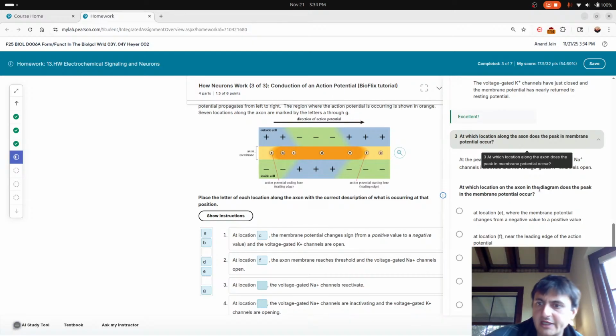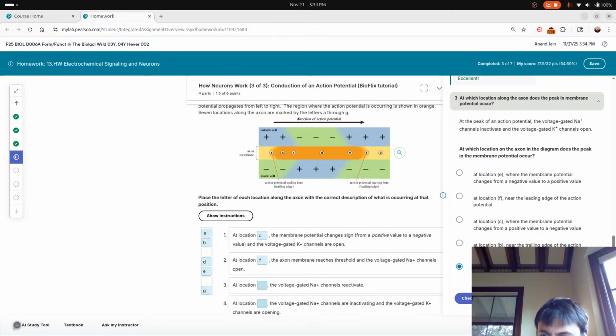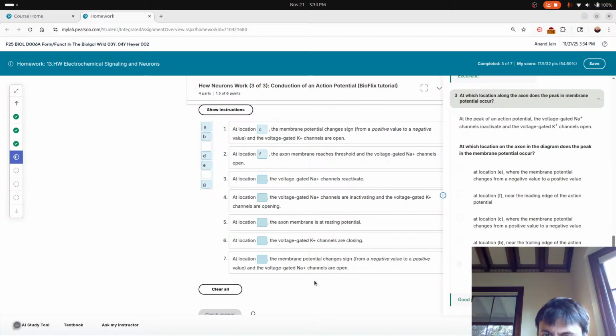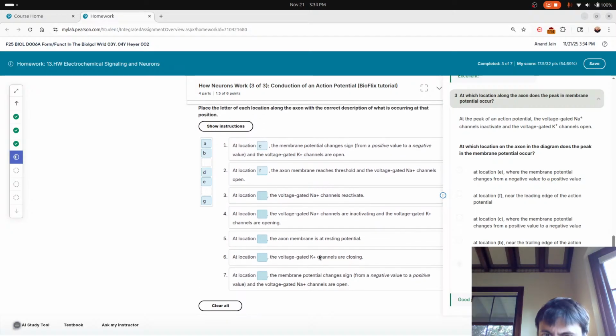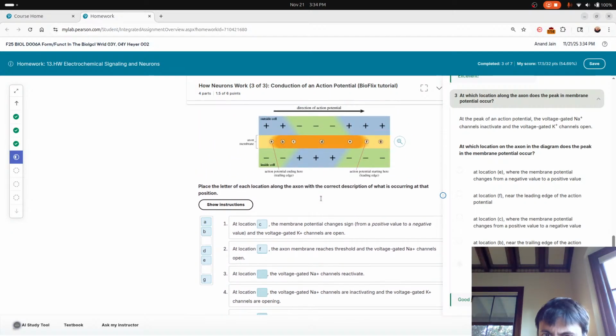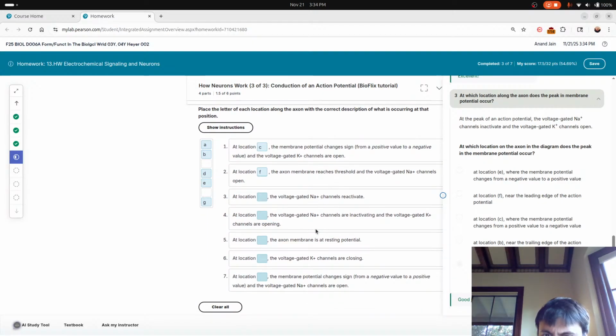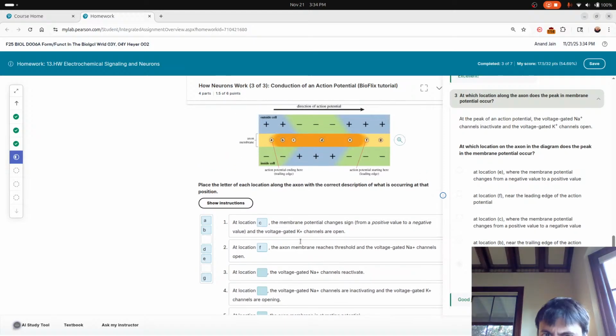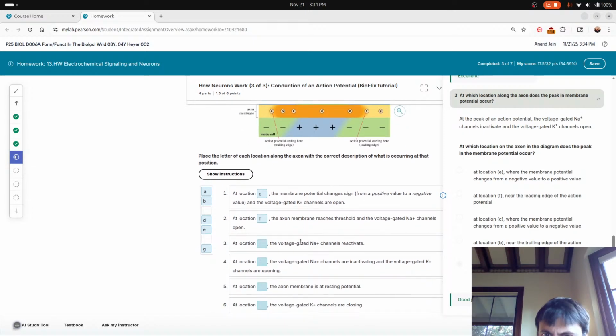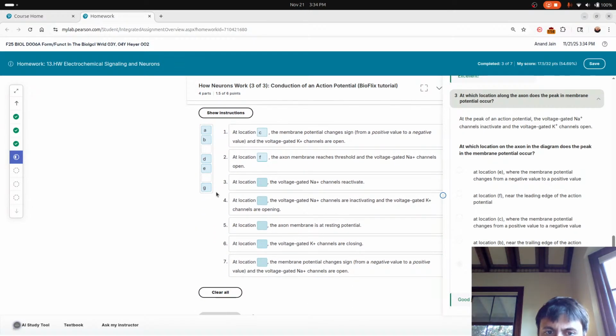At which point along the axon does the peak in membrane potential occur? D. G is resting.